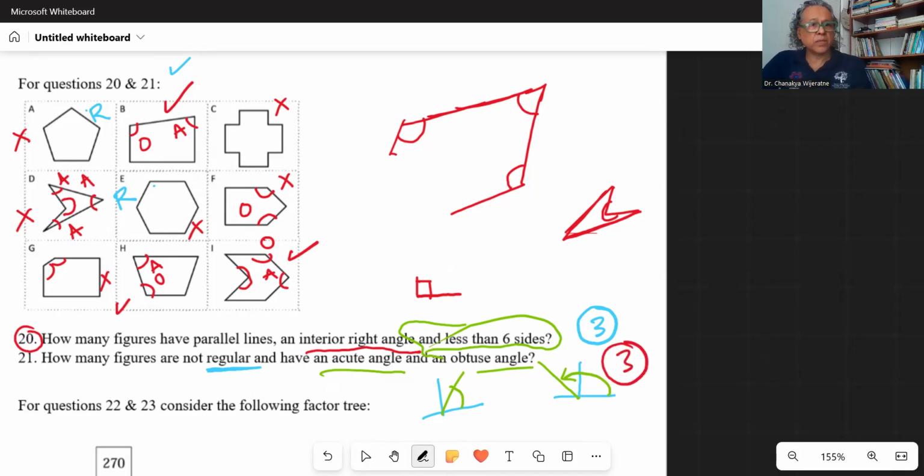So what are the figures satisfying conditions in 21? So B. D is not. And then we have F. And then we have G. No, we have H. And I. See?